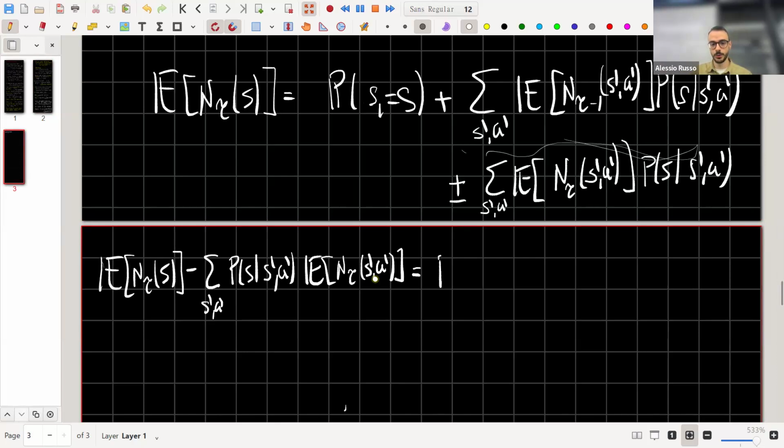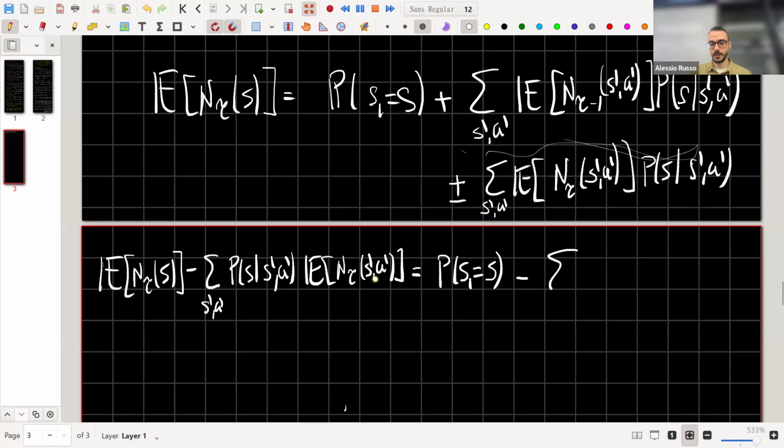And this will be equal to the probability of S1 being equal to S. And here we are doing a difference between this quantity and this quantity here.